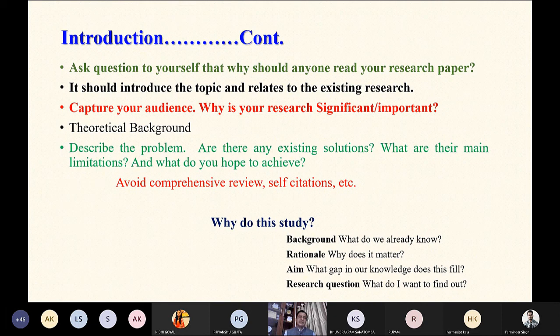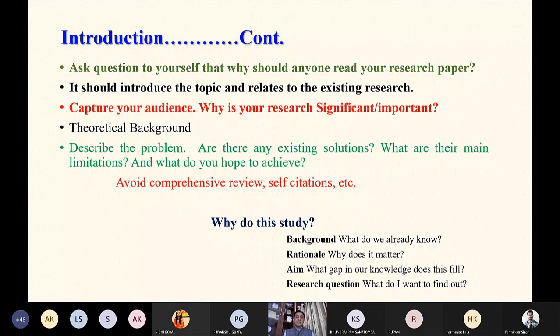That can give a negative impression. Not all, we can have self-citation, but we have to avoid it in the introduction part. So as far as the introduction section is concerned, it must include the background, rationale, aim, and the research questions that we are going to have.